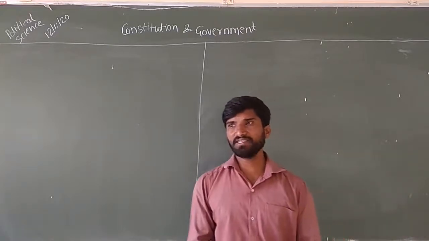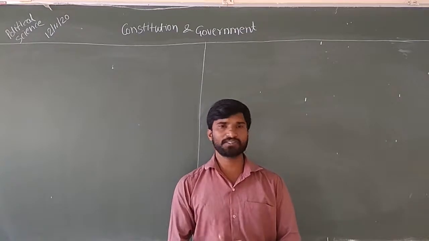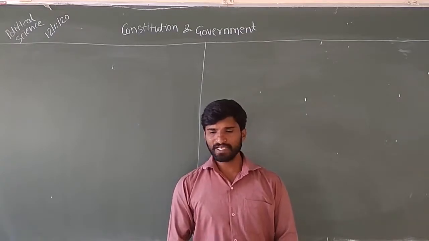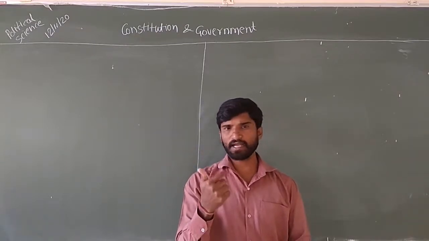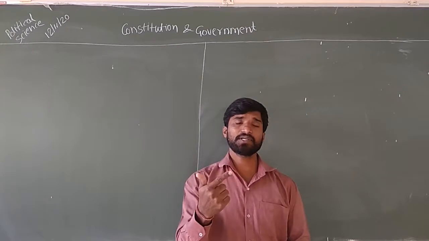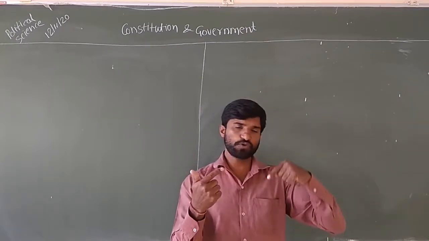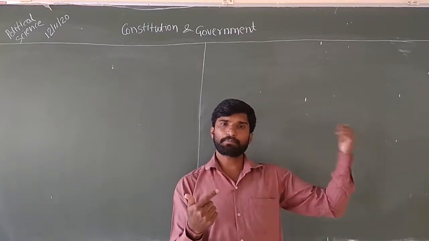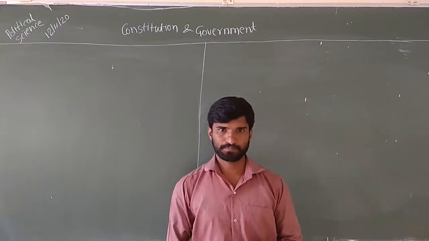So there are a number of types of governments. Among them, especially we will study the parliamentary system of government and the presidential system of government. The parliamentary system is used in India, whereas the presidential system is used in America.